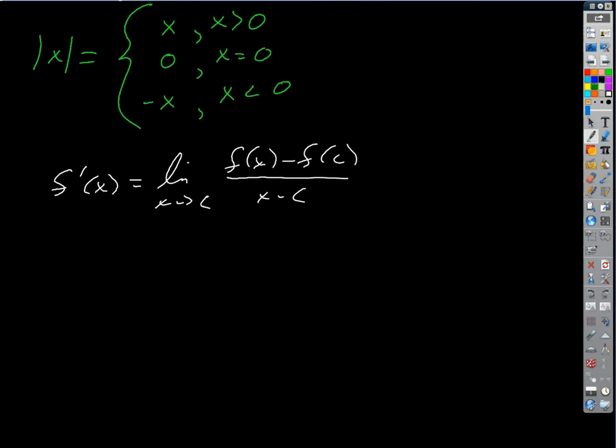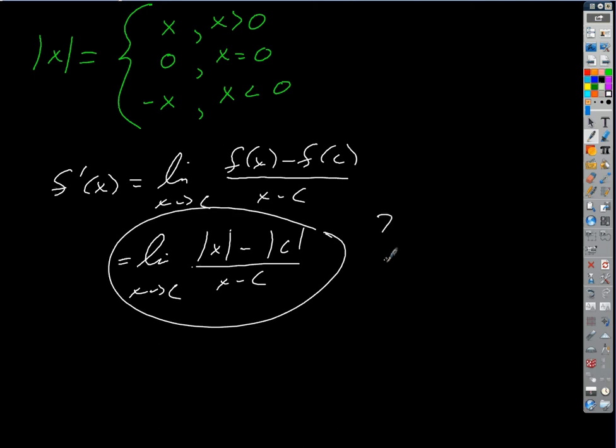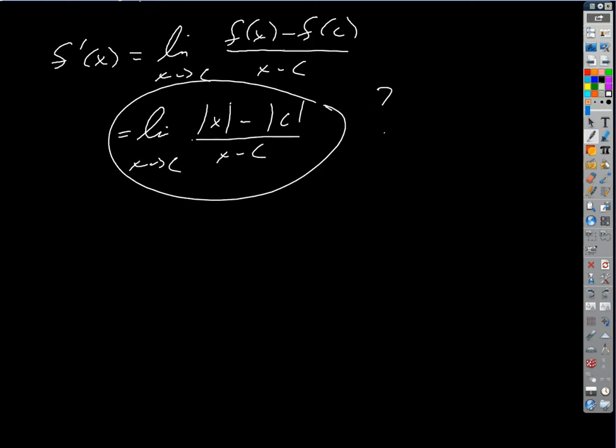So we have to figure out what is the limit of the absolute value of x minus the absolute value of c, we'll say for now, over x minus c as x approaches c. What is that? Well, let's take the limit from the left and the limit from the right, and if they agree, then the limit is defined. Agreed? If they don't, then the limit is undefined and the derivative can't exist.